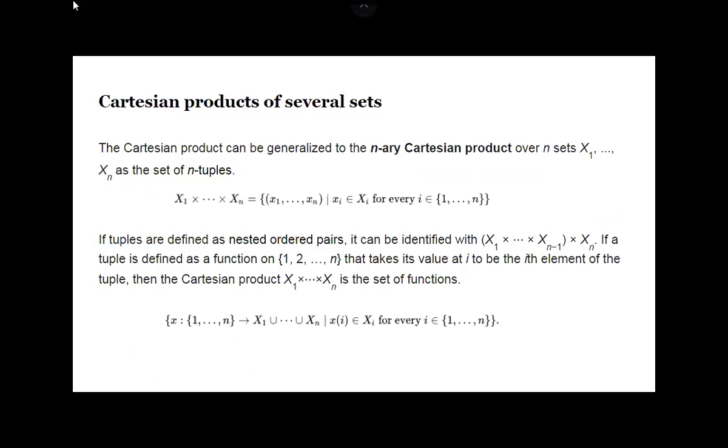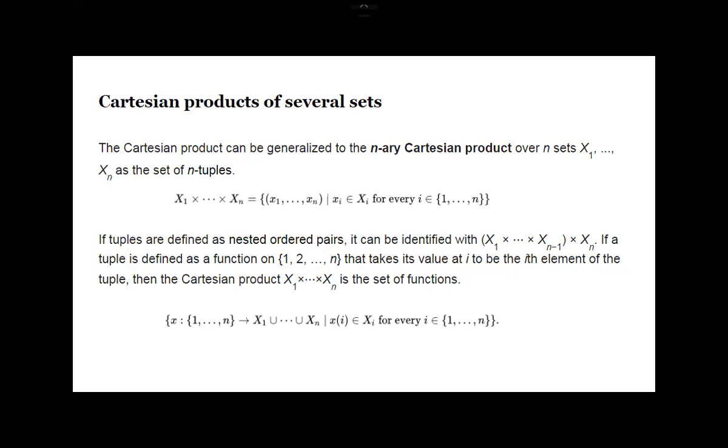Now we will see the Cartesian product of several sets. We have sets X1, X2, X3 up to Xn, where capital X is the name of the set, and small x1, small x2, small xn are the elements of the Cartesian product of the capital X sets.